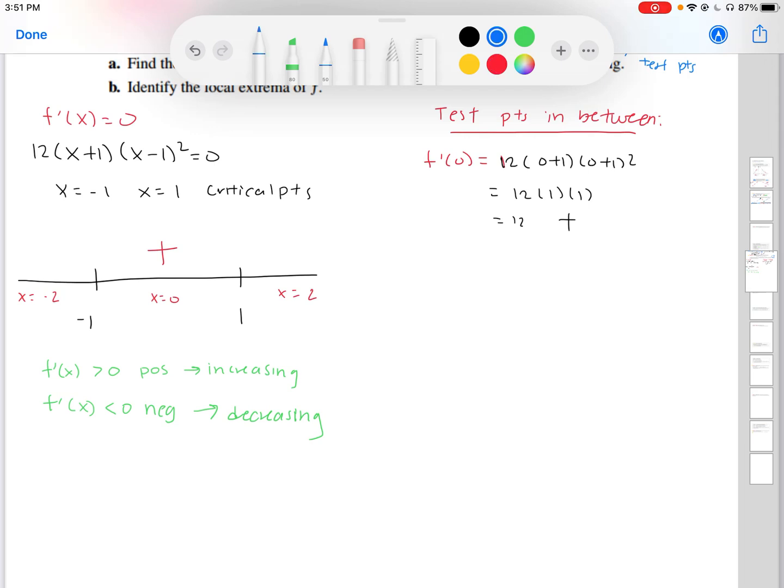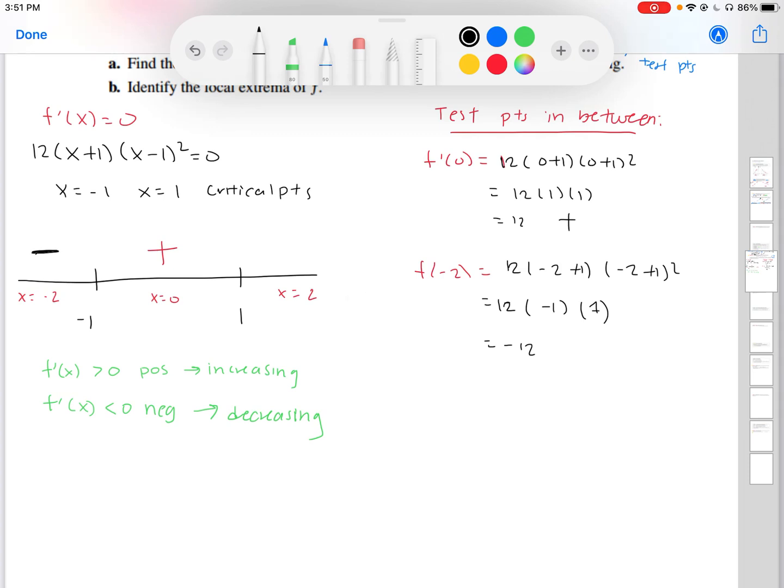Let's go ahead and continue with -2. So 12 times -2 plus 1 times -2 minus 1 squared. You get 12 times -1 times the square, so we're left with a negative number, which is negative. So at -2, we tested and it's negative.